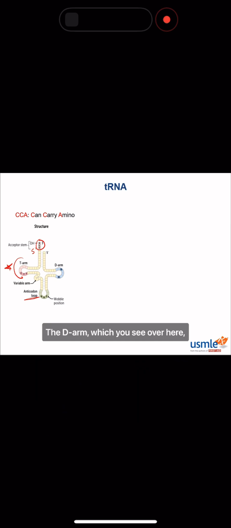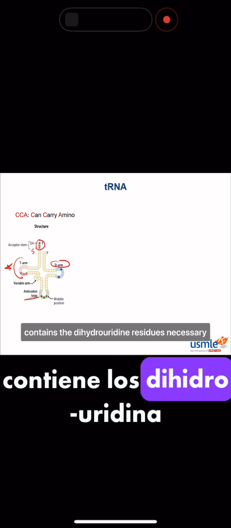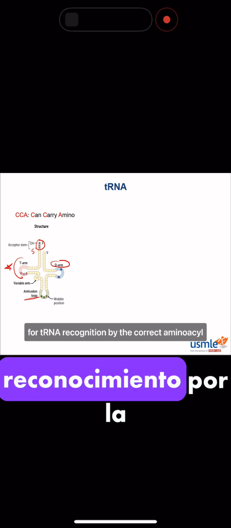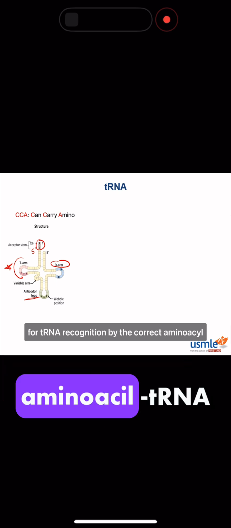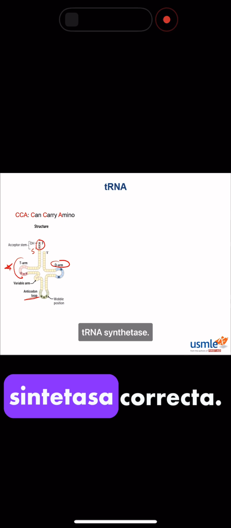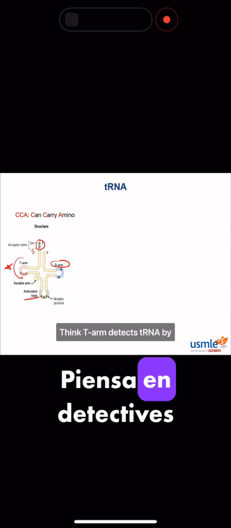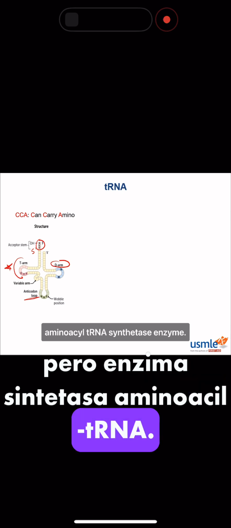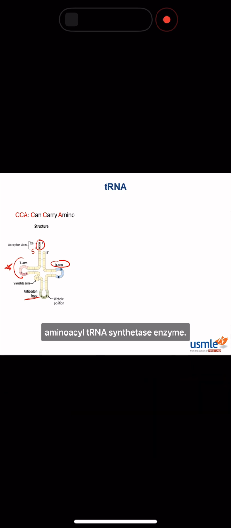The D-arm, which you see over here, contains the dihydrouridine residues necessary for tRNA recognition by the correct aminoacyl tRNA synthetase. Think D-arm detects tRNA by the aminoacyl tRNA synthetase enzyme.